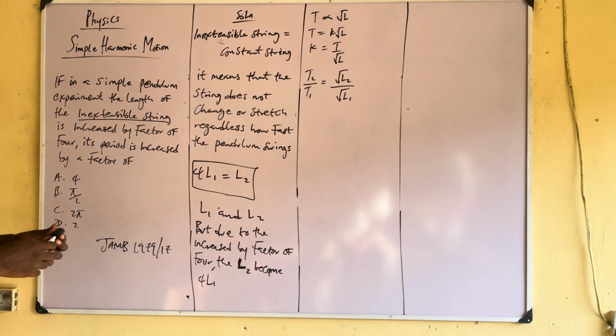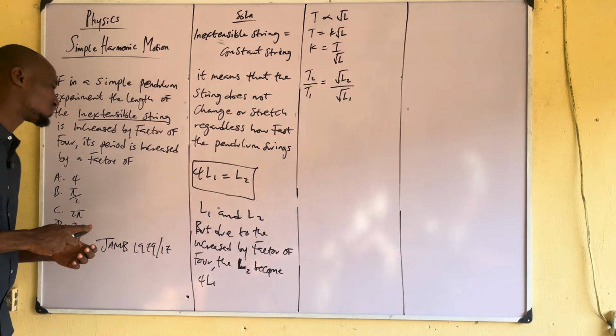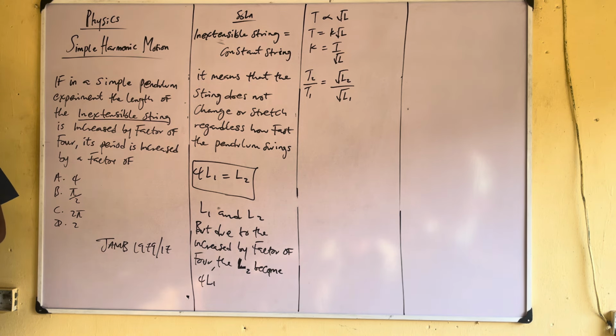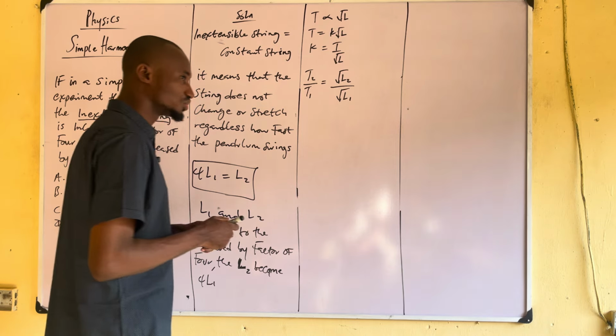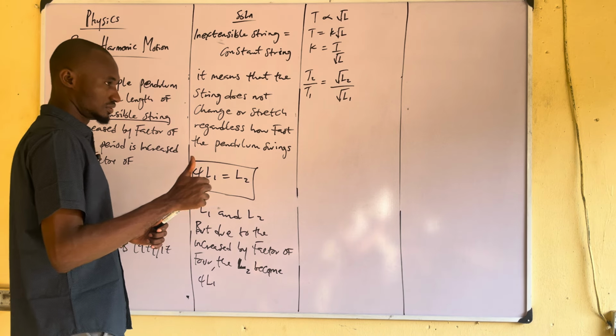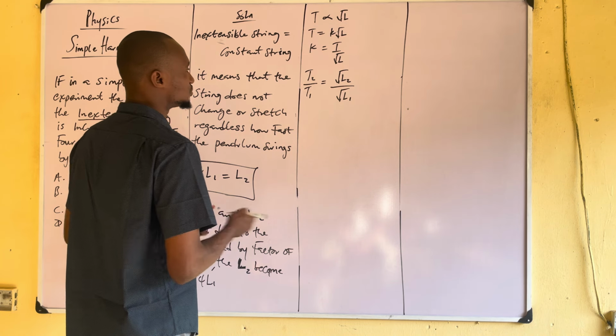They said the period is increased by a factor of what? Which period are we looking for? We're looking for T2.